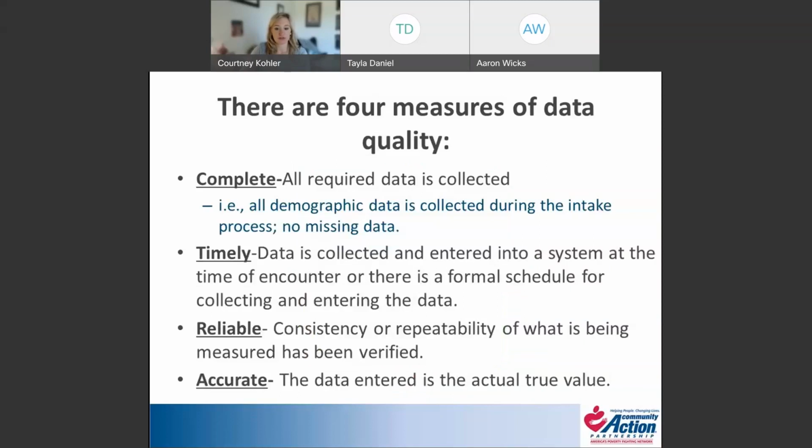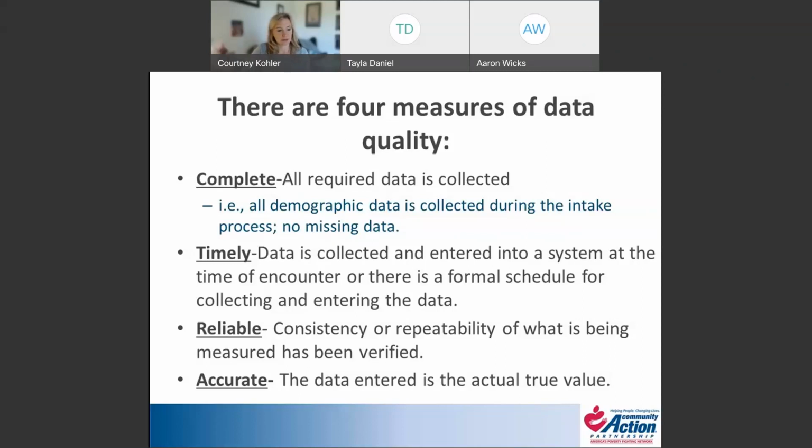Reliable is really about collecting the same data element over and over, with no change in the process of collecting this item, so it's about consistency and repeatability. Accurate means the data entered is the actual true value. So is what you're measuring what you think you're measuring? And is that the actual value of the element being measured, not just an approximation or a sample?